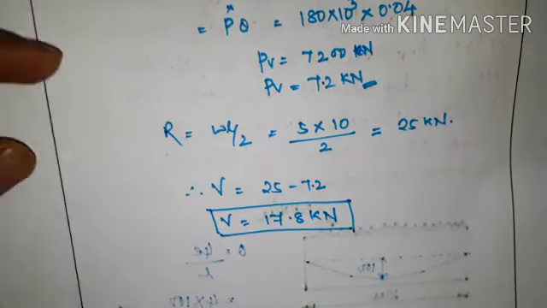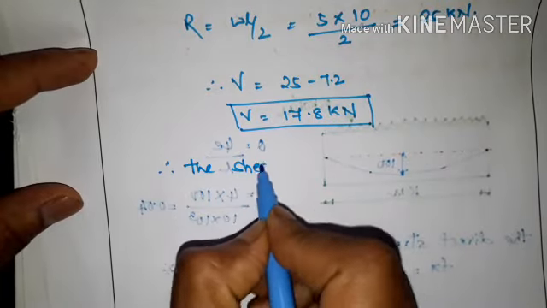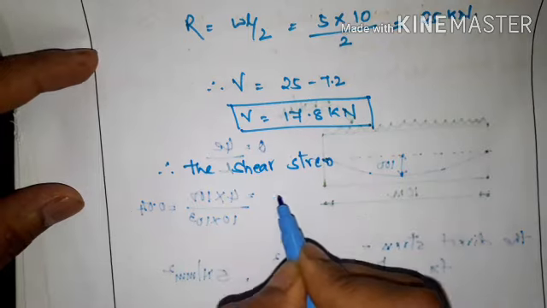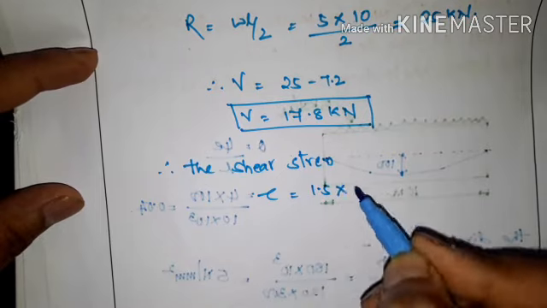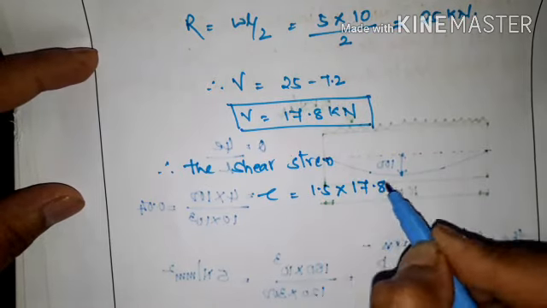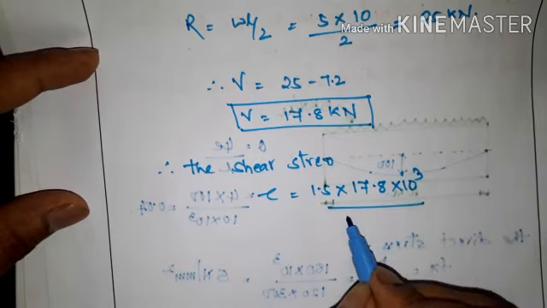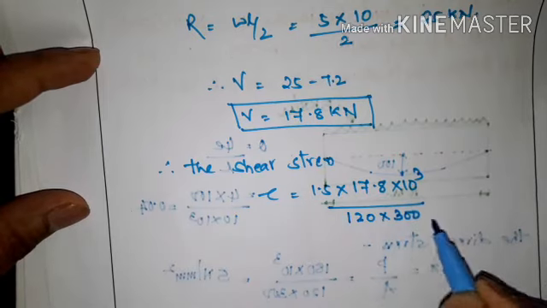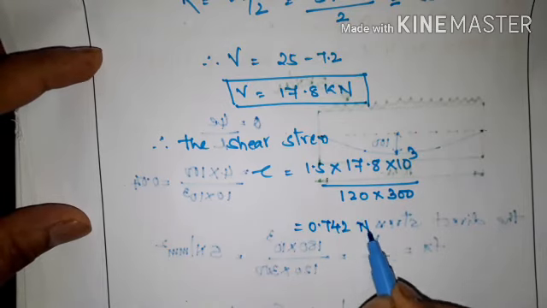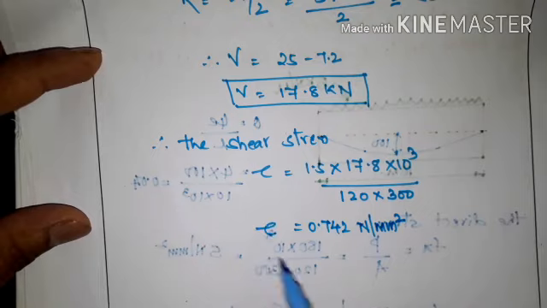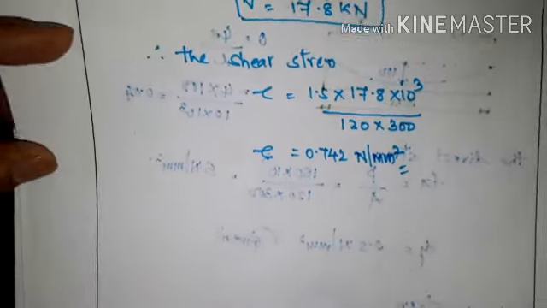Now the shear stress tau is 1.5 times V, 17.8 into 10⁻³, upon BD, where B is 120 and D is 300. So we get this value as 0.742 Newton per mm square. So the shear stress is 0.742 Newton per mm square. Now the principal stresses.